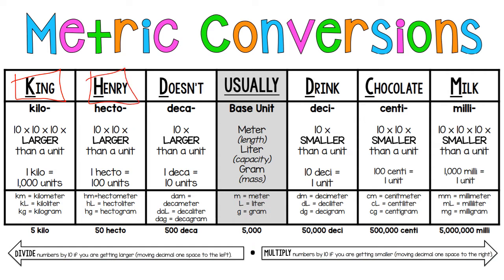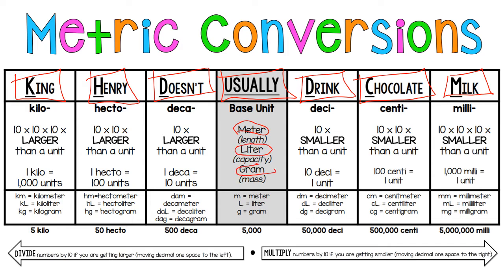This is a little saying to help you remember what all of these prefixes are and what order they go in. So we're going to start with King. King stands for kilo, which is 1,000 units. So for instance, remember, usually stands for unit, like a meter, a liter, or a gram.